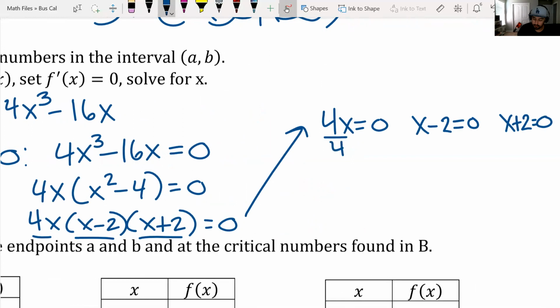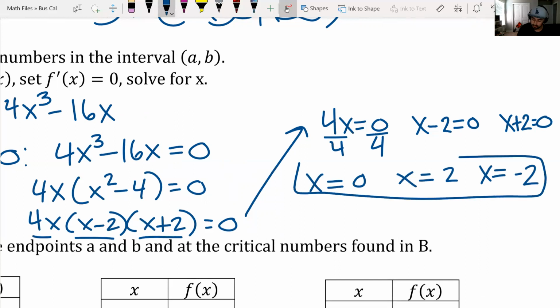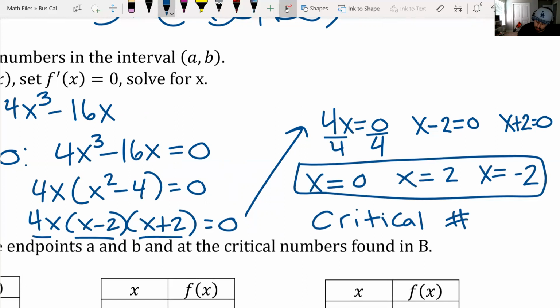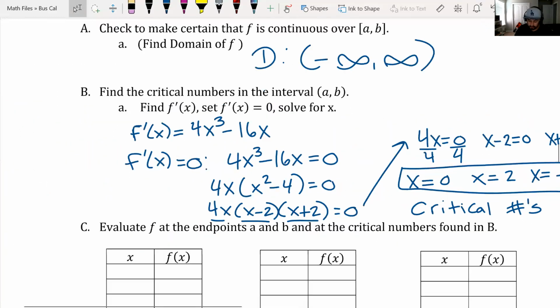Here, divide by 4. x equals 0, x equals 2, x equals -2. These are all my what? Critical numbers. That's right. Now we have our critical numbers.